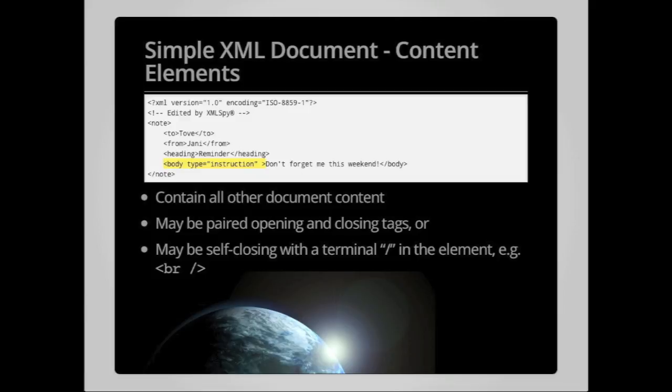But basically, the element is defined by the name, and then any additional content that is separated from the name by one or more spaces. So this is still a body element, though it has additional information inside of it. And as a result, it has a corresponding /body closing element on this side. So each of these is a content element as a part of the XML document.